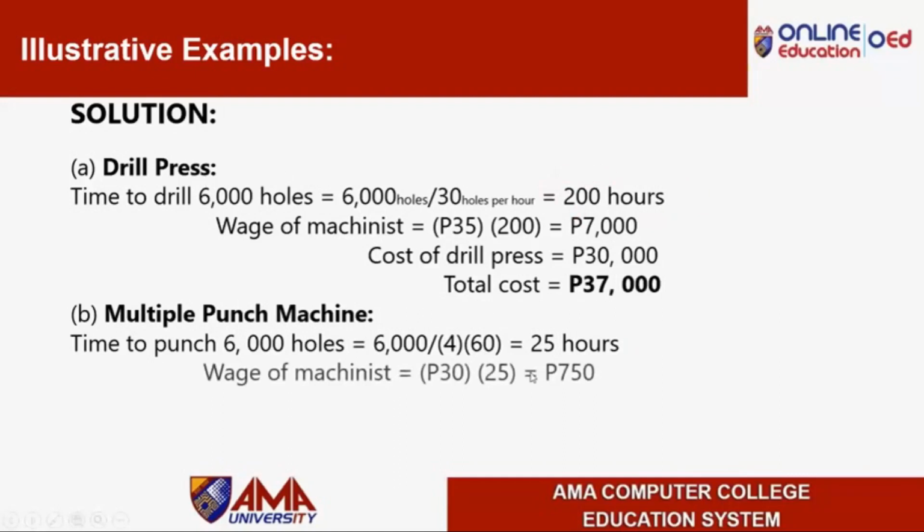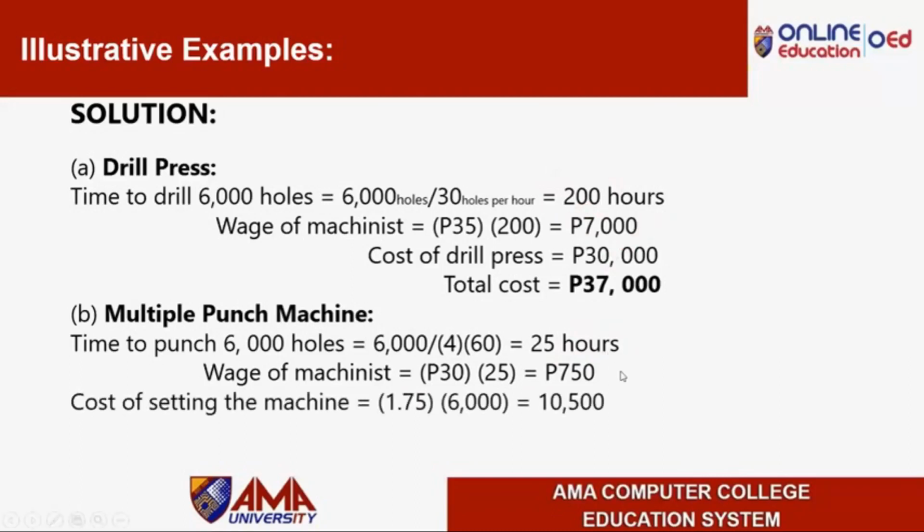So let's proceed. The wage of the machinist now is, of course, 30 pesos multiplied by 25 hours, since only 25 hours are required. So the salary of the machinist now is only 750 pesos. Again, there's a big difference. Here it's only 750, but here it's 7,000.